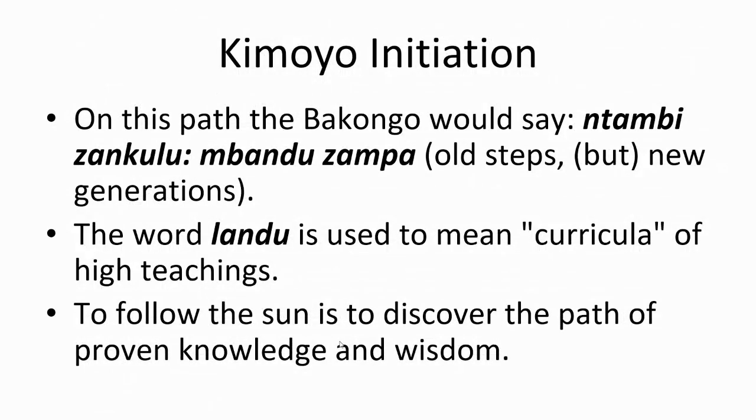And so we continue in terms of our concept of Kimoyo initiation. And so on this path, the Bakongo would say, Ntambi, Zankulu, Bandu Zampa, old steps, but new generations. So again, it's just building off of that concept of being fed by the past, because you can't grow wise. You can't grow powerful without being fed from the past. You can't be fed without that which came before you.